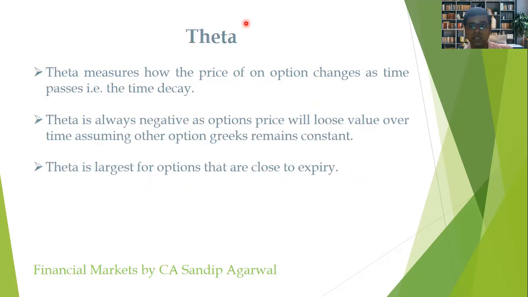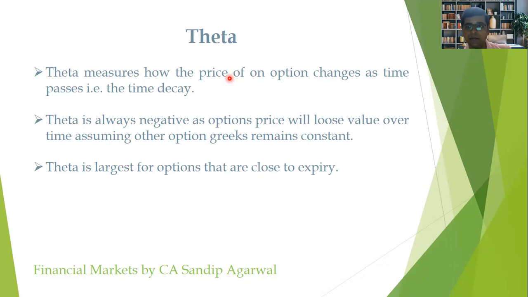So this is the fourth Greek, which is theta. So theta basically measures how the price of an option changes as time passes. As soon as we move closer to the expiry of that particular contract, the price of an option will start losing value at a much faster pace because the price of an option also has a component which is known as theta, which is basically the time value of money.